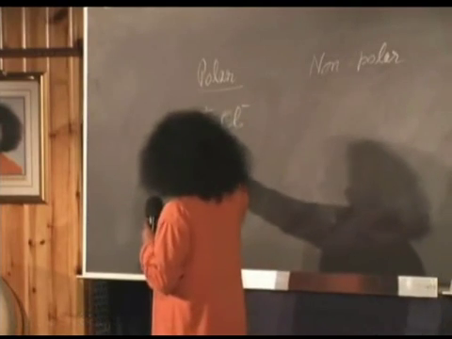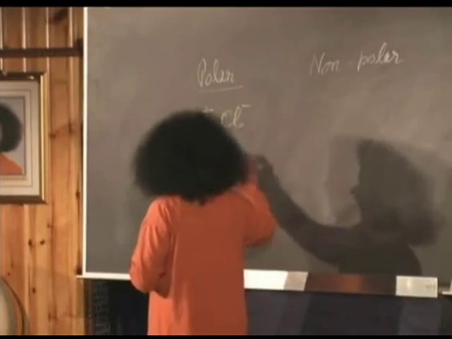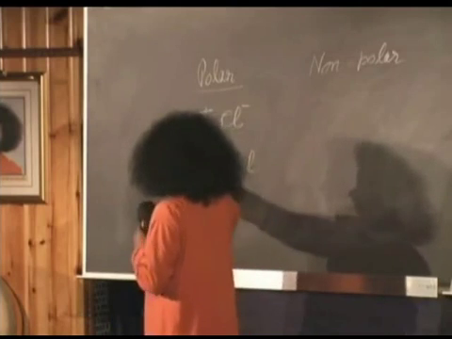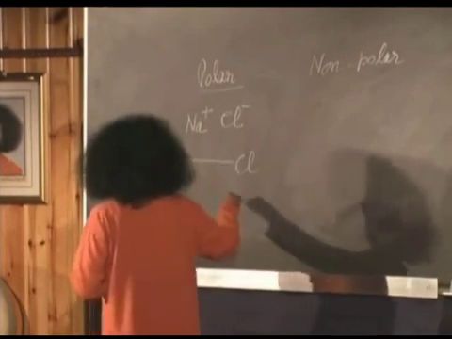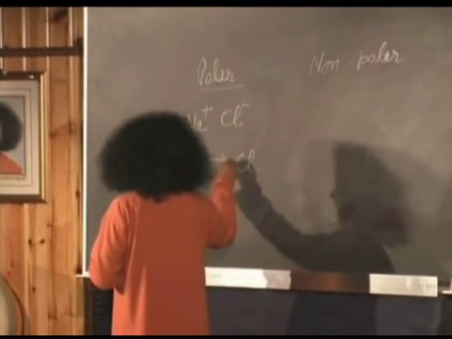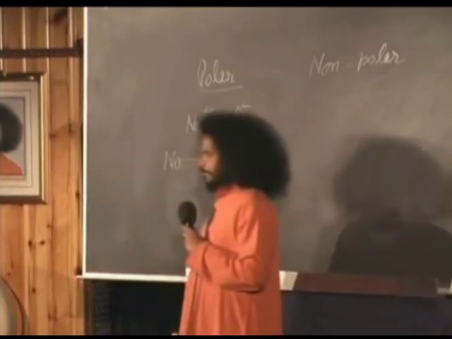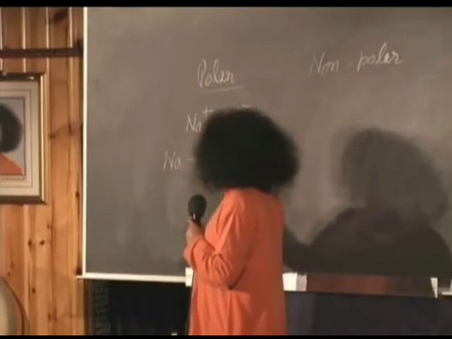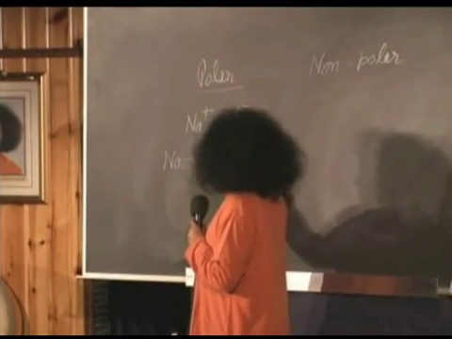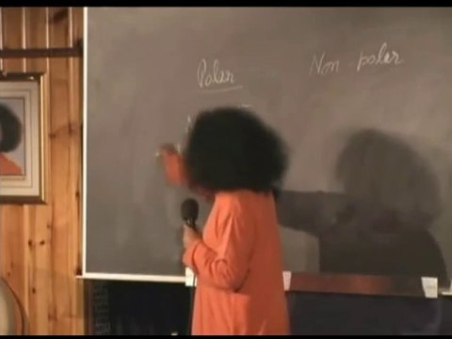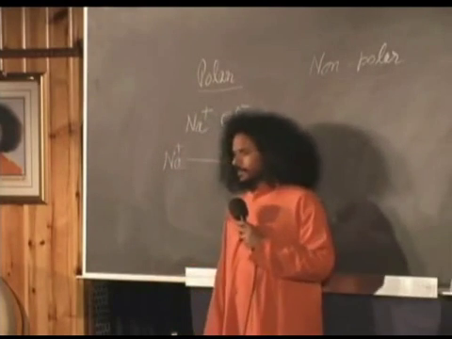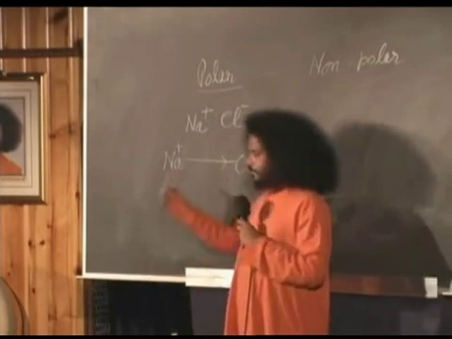Because in this bond there is sharing of electron. Electron of sodium is shifting towards chlorine atom. It is nearer to chlorine atom. Therefore, negative charge is here, positive charge here. This is called polarity.